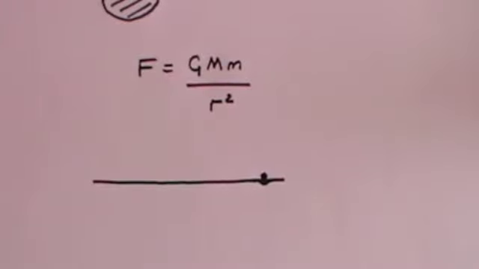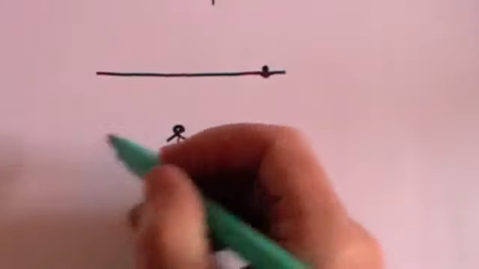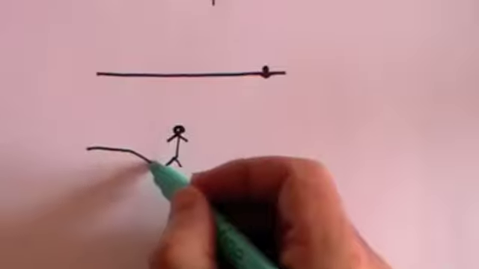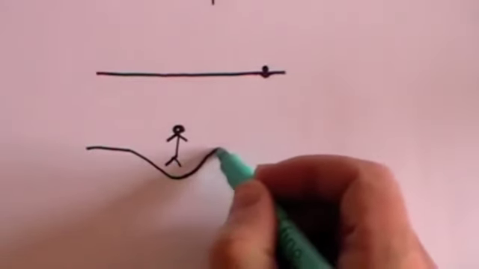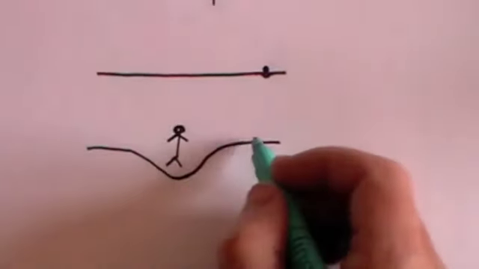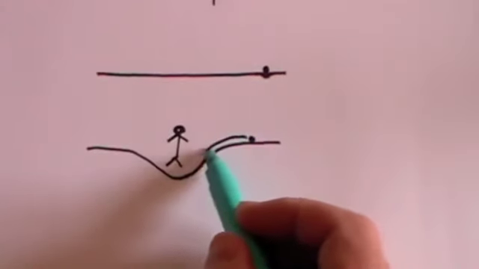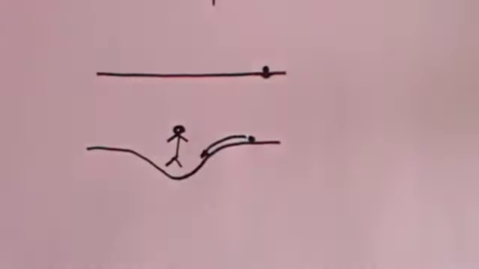But now let's suppose I get on the trampoline. Well, if I get on the trampoline with my weight, the trampoline is going to bend quite substantially. And that is the equivalent of bent space-time, or curved space-time. What's going to happen to this marble? Well, the marble is now going to fall towards me.